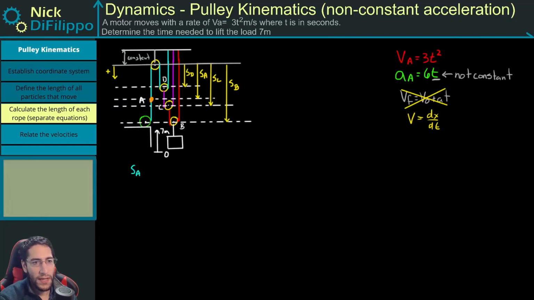Then this length is SD, and this is also SD. So it's going to be SA plus 2SD, and then I've accounted for this entire blue rope. We're going to say this is equal to some constant length L1.